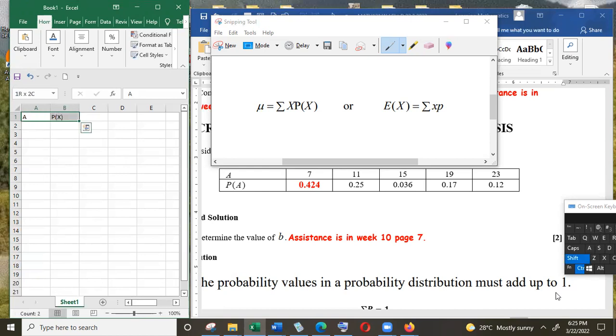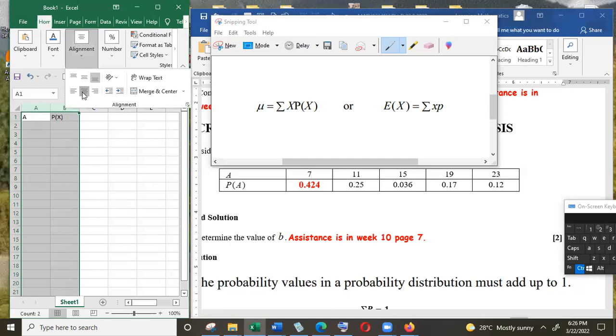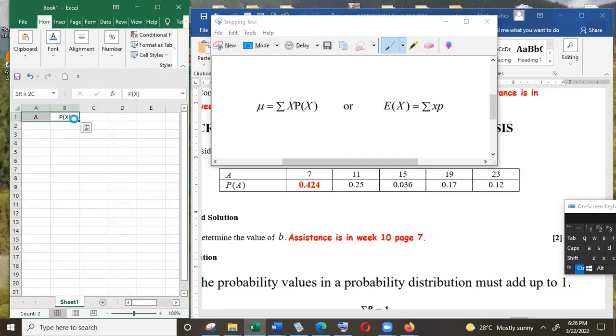This is a heading, so it can be centralized. Everything can be centralized, but the heading can be placed in bold, and the font can be increased.